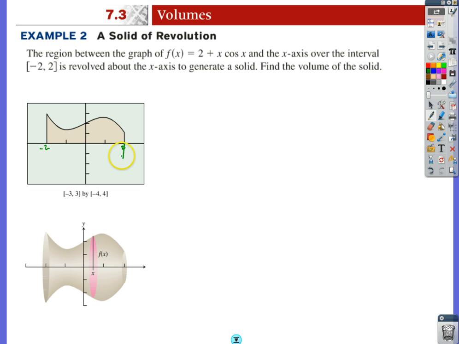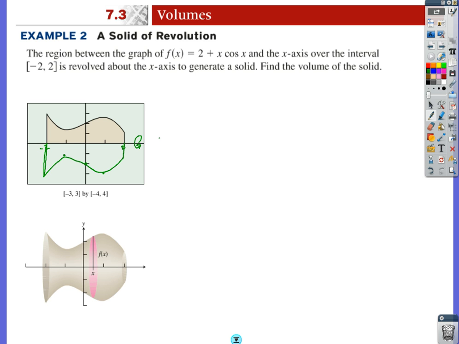So here's my reflection, just drawing in some quick little sketch pieces. Because it's asking me to rotate it around the x-axis, that is why I draw the reflection across the x-axis. All right, so now it's drawn that way.